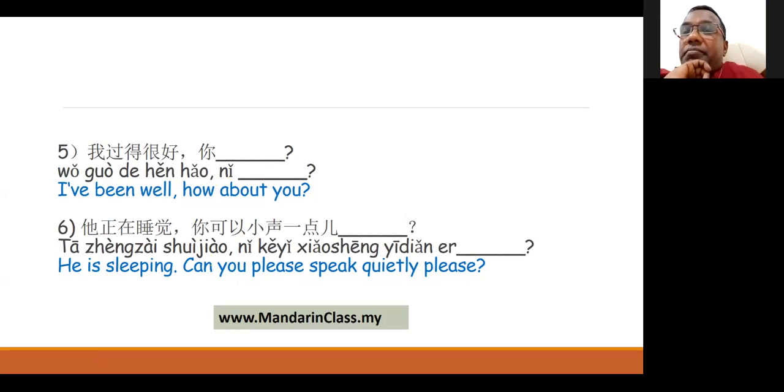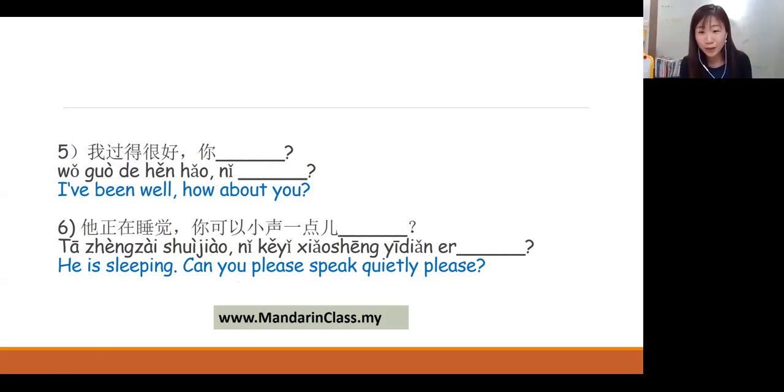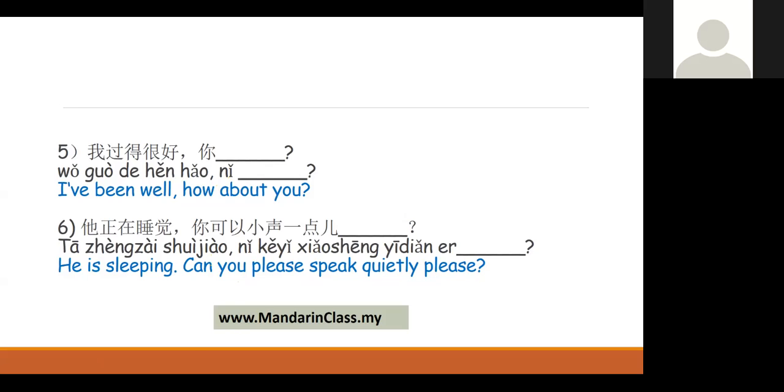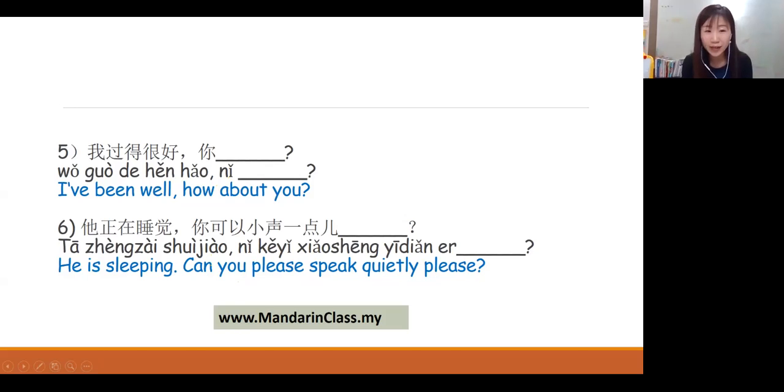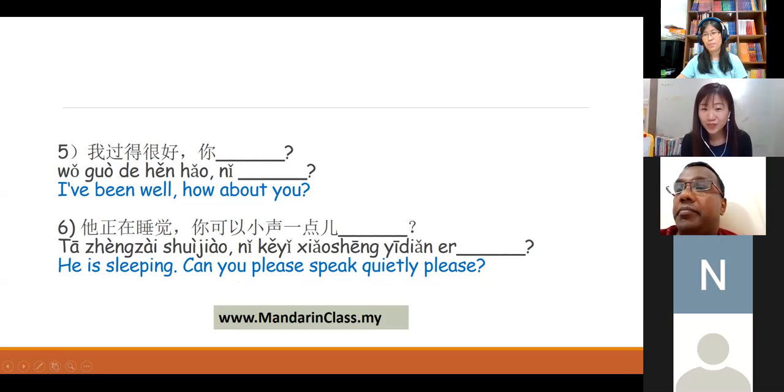Badri, how about you? 吧. How about Sutasheni? Sorry if I read your name wrong. 你可以小声一点吗？ Okay, how about others? 吗, okay, 吗 and the 吧 here.